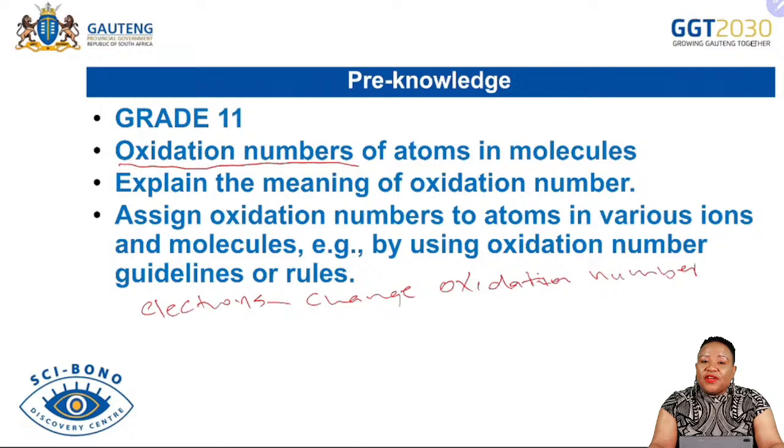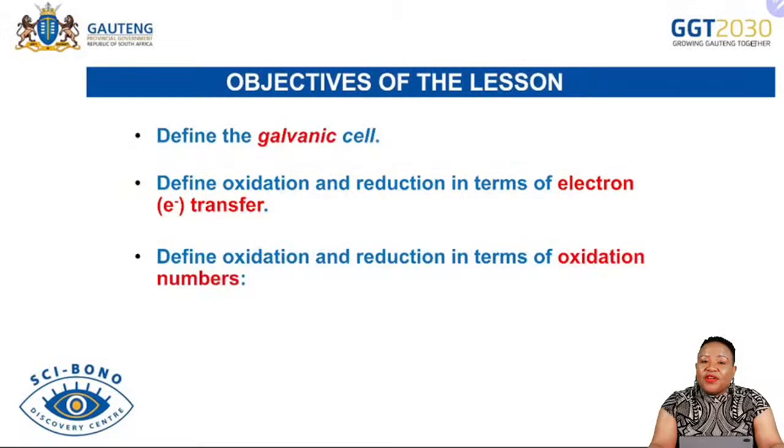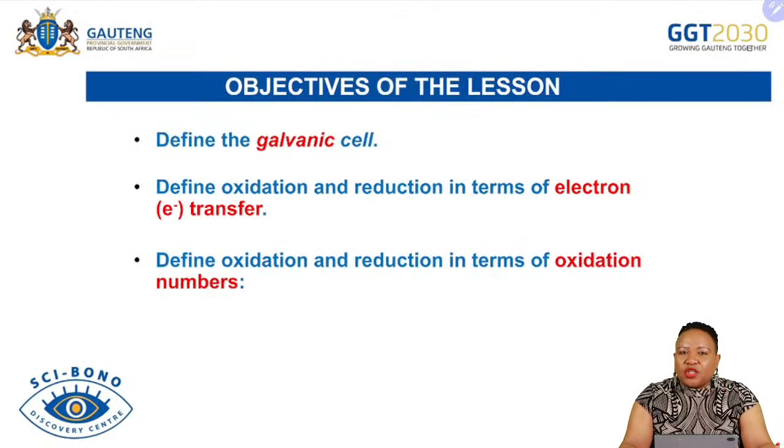It is going to be easy if we go back and look at the rules of oxidation numbers: how do we assign oxidation numbers and see whether those of the substances decrease or increase? Therefore, you need to revise your grade 11 work to check what an oxidation number is and how we assign oxidation numbers using the rules, so that you can determine whether the oxidation number of a substance has changed.